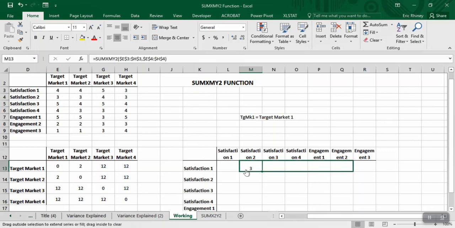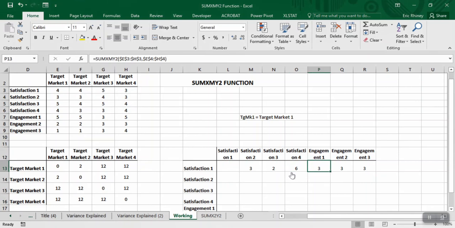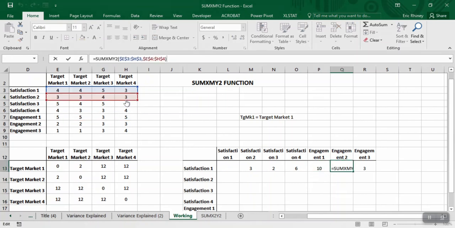All right, and if I were to copy this, of course it's 3 here, but I could go up here and now this is satisfaction 1 and satisfaction 2, but we want satisfaction 1 and satisfaction 3, so I could drag this down to 3 and hit enter, and then I could come here and put my cursor up here and then just drag this down to 4, etc. And this is another way that you could do this fairly quickly and get through this. And just drag this down here to engagement 2, and then here, and drag this down to engagement 3.